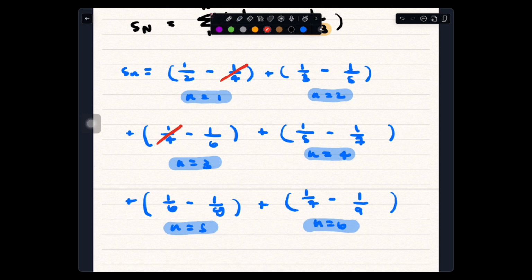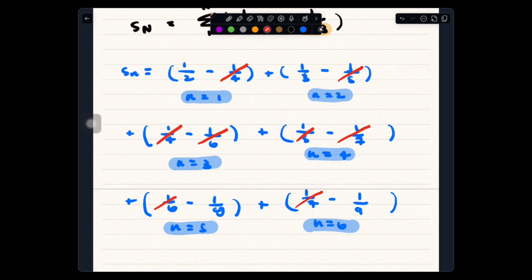Do you see? Again, we get rid of the what? The second term and that first term. So the first term when n is 5, the last term when n is 2. The second term when n is 4, the first term when n is what?